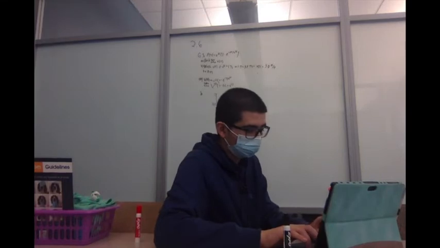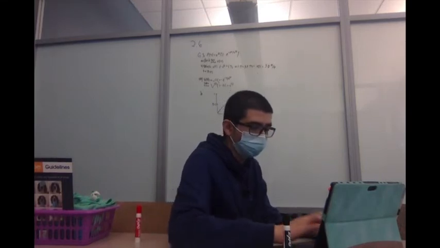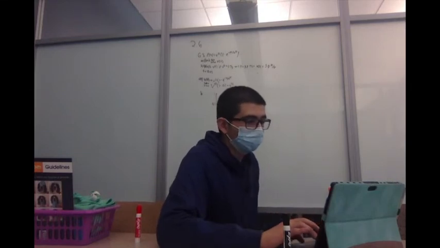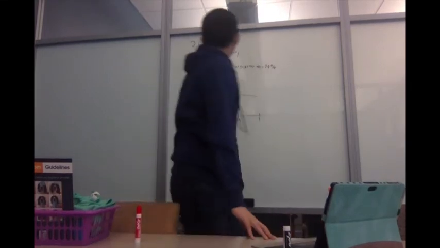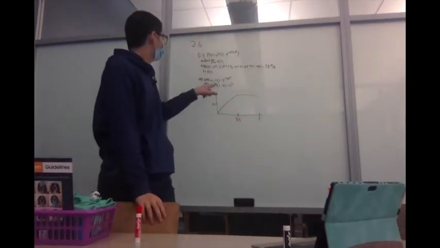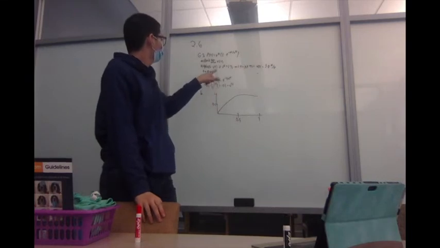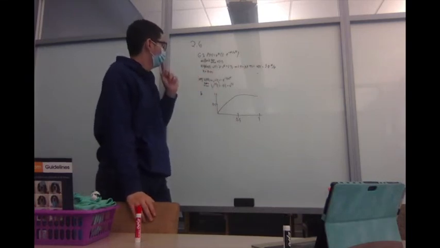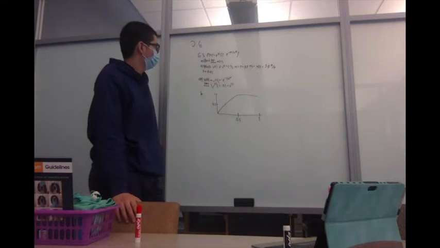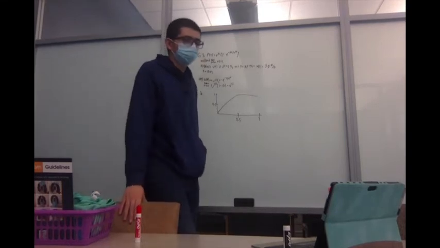How long does it take? Christian, did you get B? It's asking you how long does it take for the raindrop to reach 99% of its terminal velocity. Oh, you did get that.